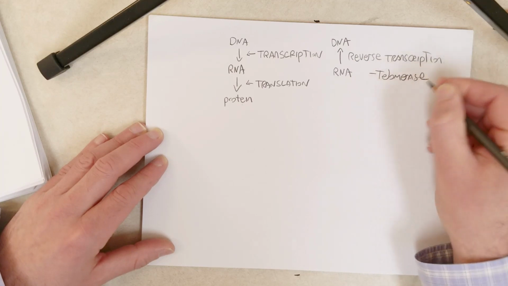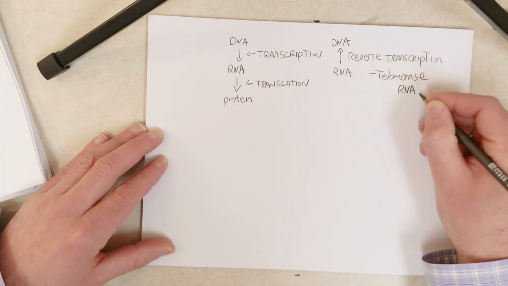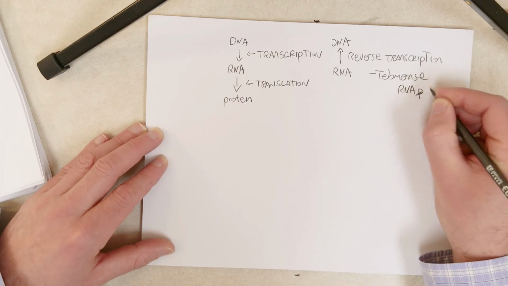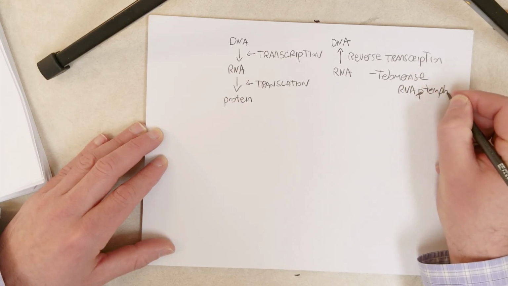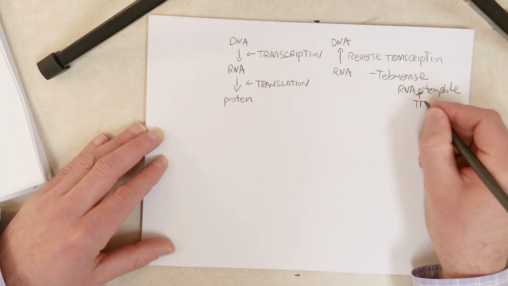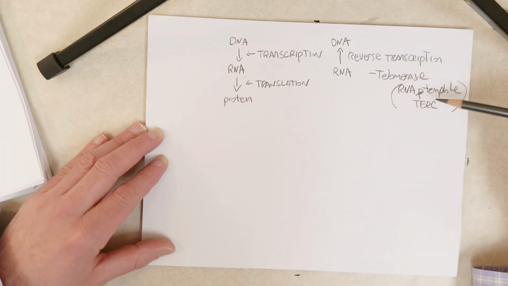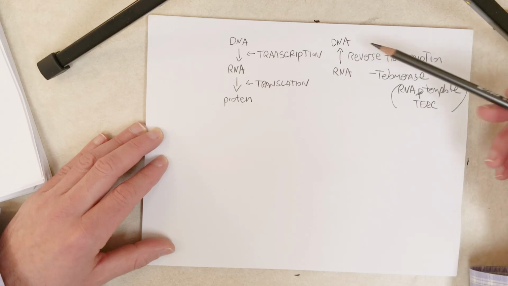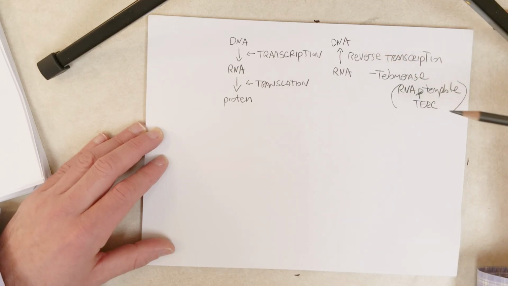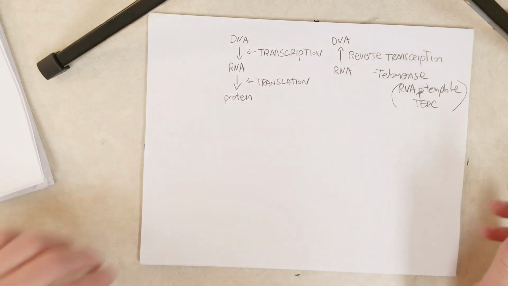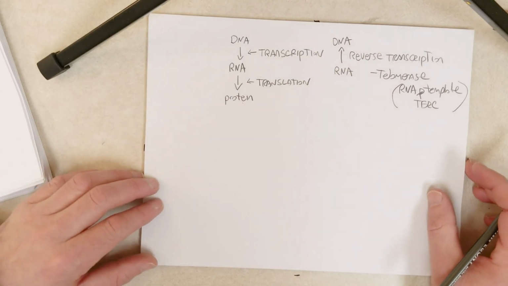So telomerase used, well, not an RNA primer, an RNA template. That was the TERC molecule, which served as the template to lengthen the telomeres. So that was an RNA molecule that the enzyme used to extend the telomeres.